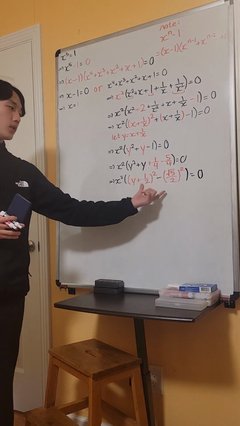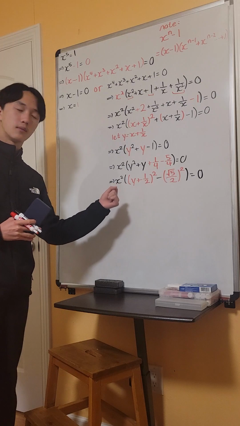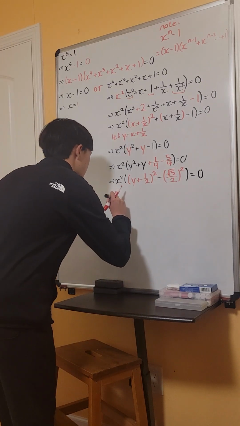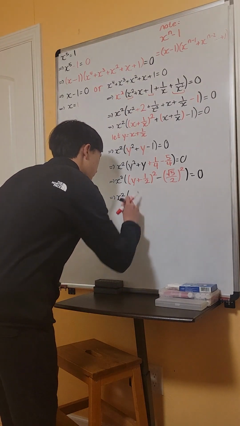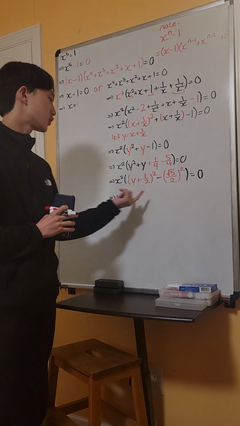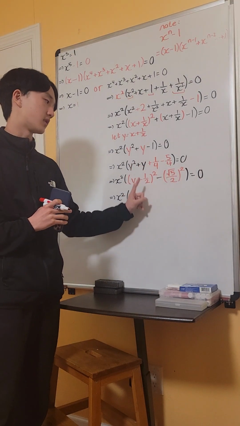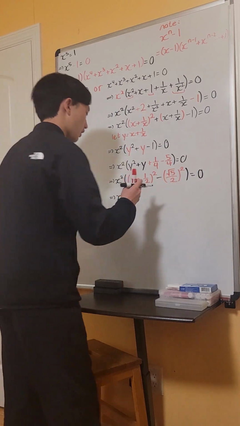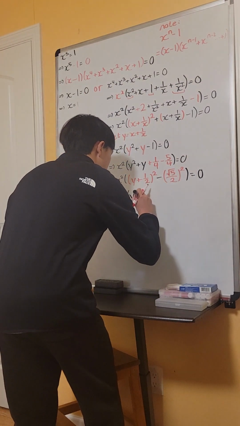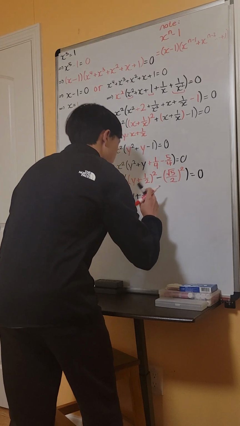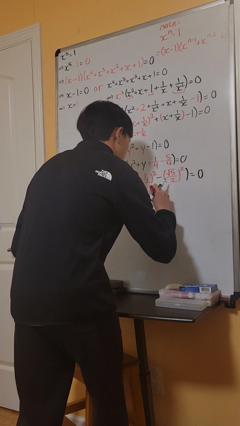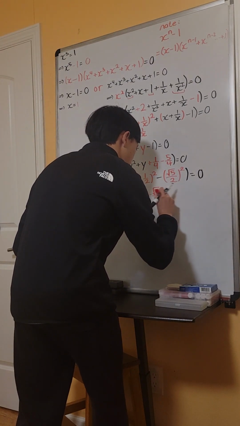Finally, notice how difference of squares, you're actually able to combine these. So let's do that. So don't forget, you want y + 1/2 minus this, and then y + 1/2 plus that. So our first factor is y + 1/2 - √5/2.